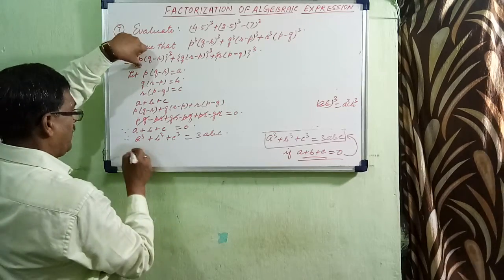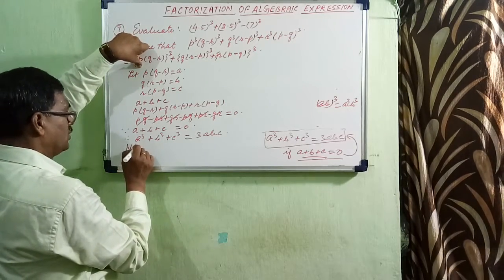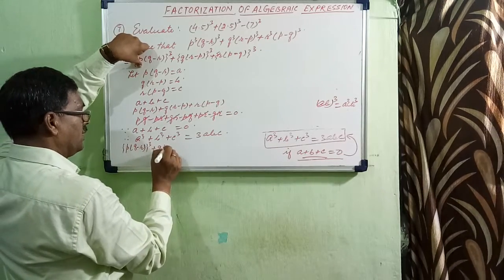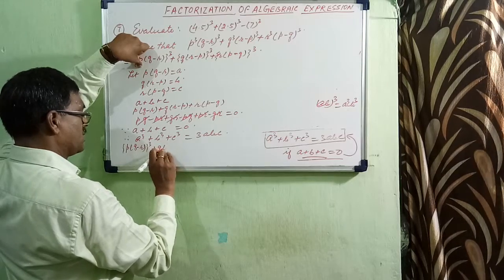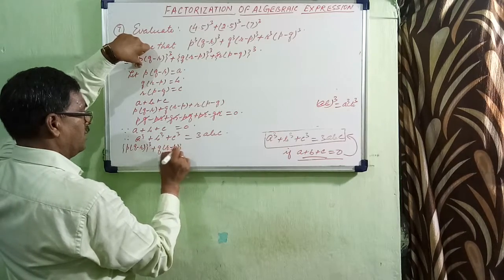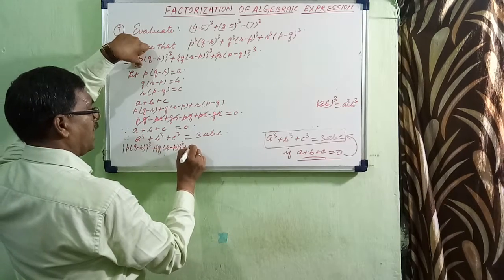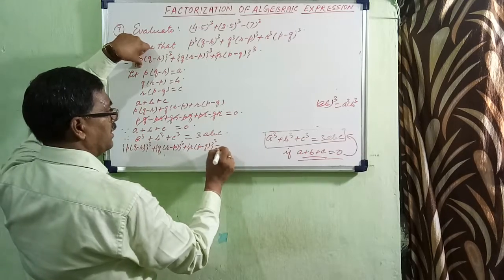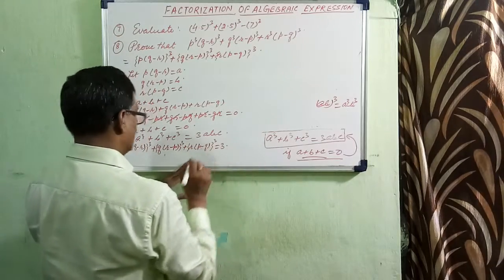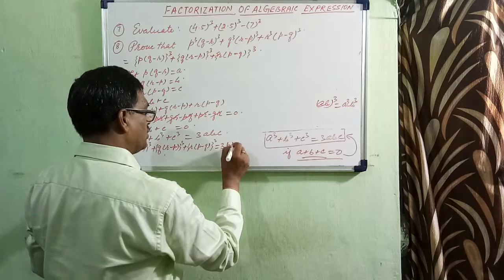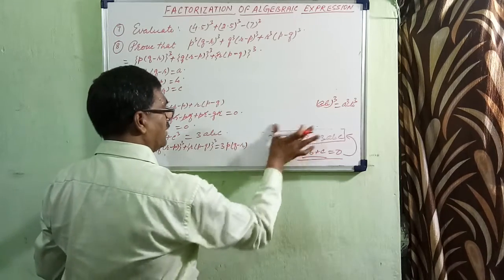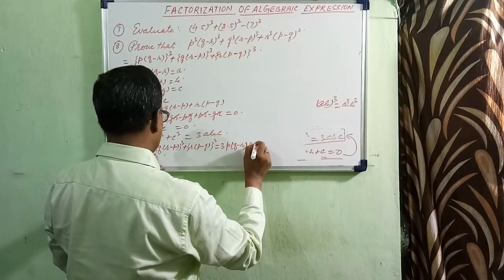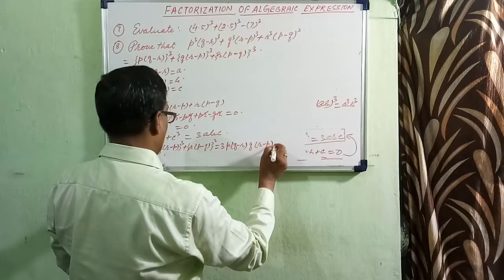So what is your A? P into Q minus R whole cube, Q into R minus P whole cube, and R into P minus Q whole cube is equal to 3 into A, which is P into Q minus R, and what is your B? Q into R minus P, and what is your C?